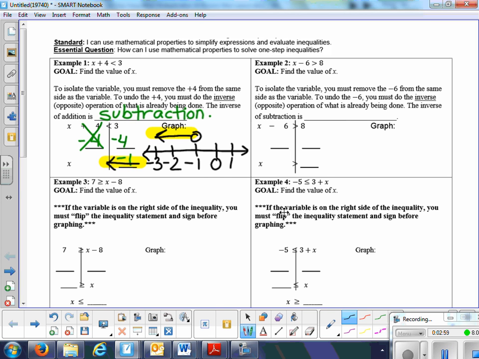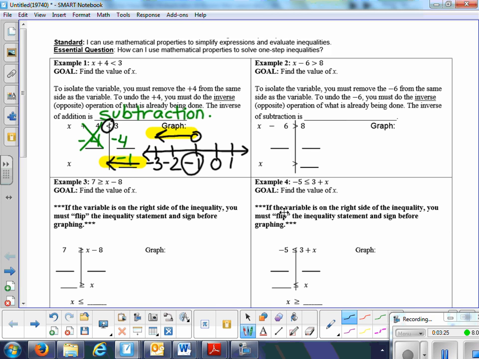The reason we use an open circle when we're graphing a less than or a greater than value is because that shows the solution is that value, but the answer cannot be exactly that number in order for it to be a true statement. For example, I came up with negative 1 as my solution, but I have a less than sign here.